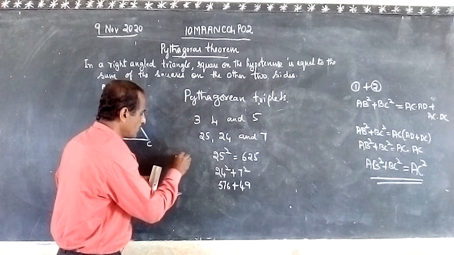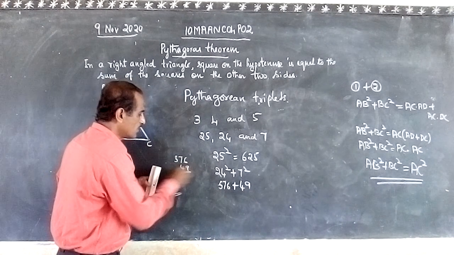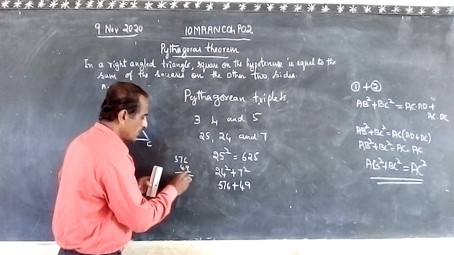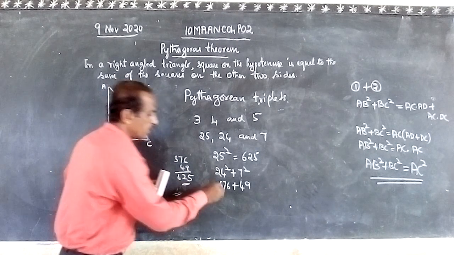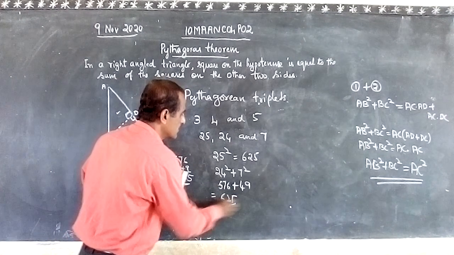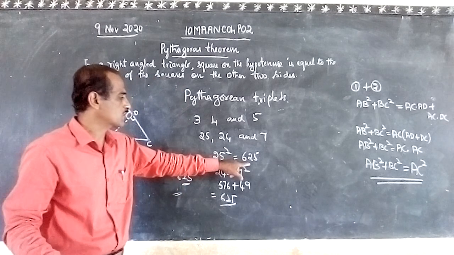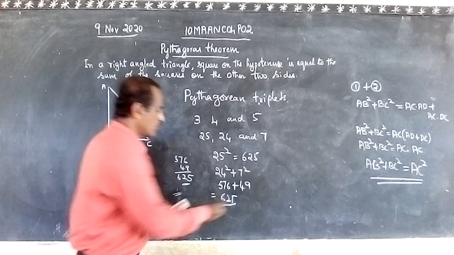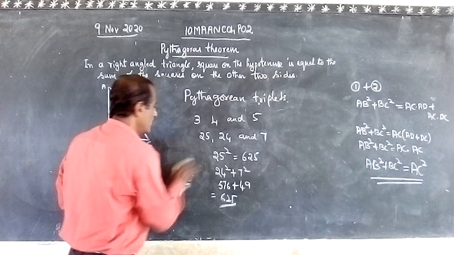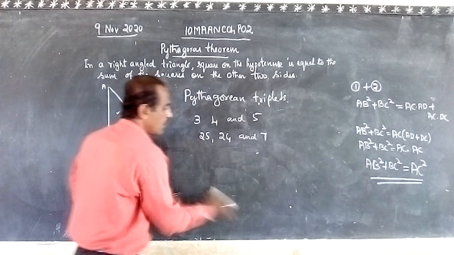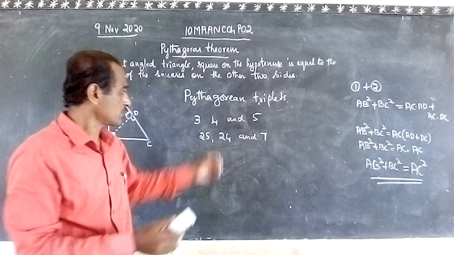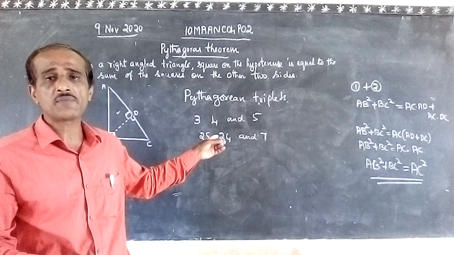What is the answer? 576 plus 49. The answer is 625. So you look at this, 25 square is also 625, and 24 square plus 7 square is also 625. So we can say 25, 24 and 7 are also Pythagorean triplets.